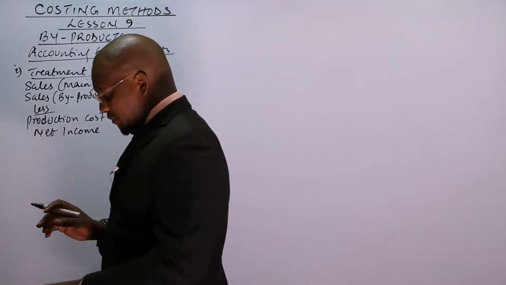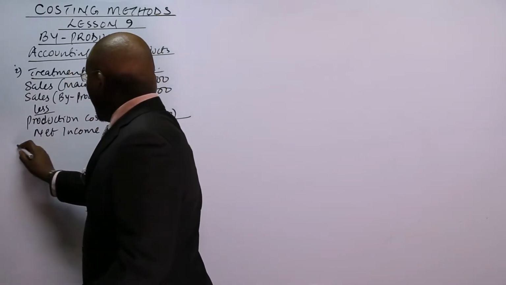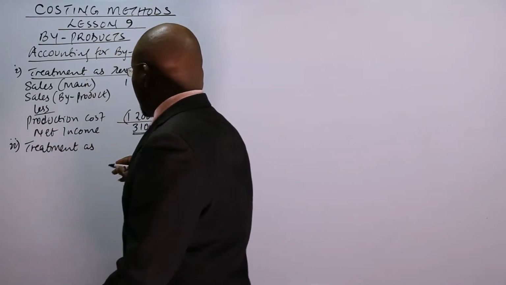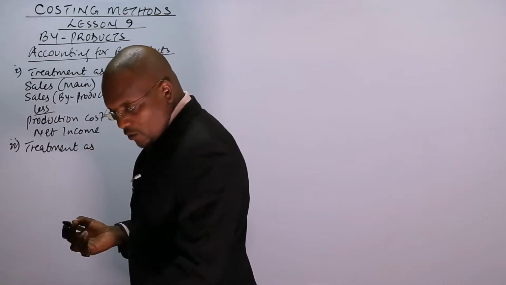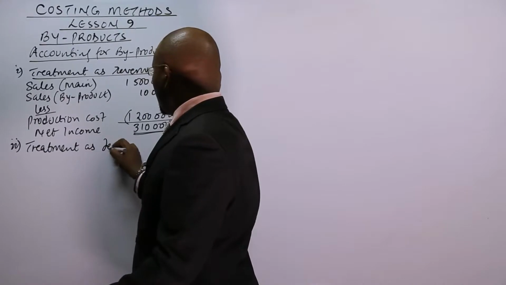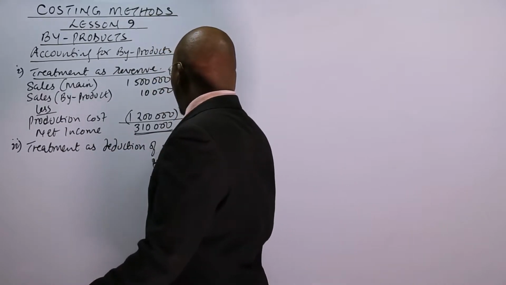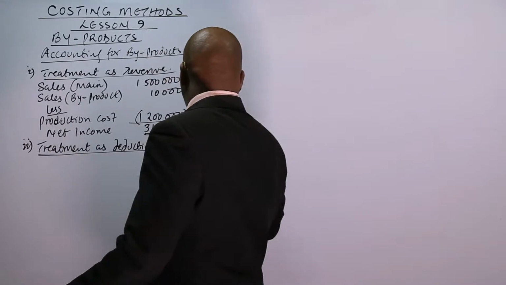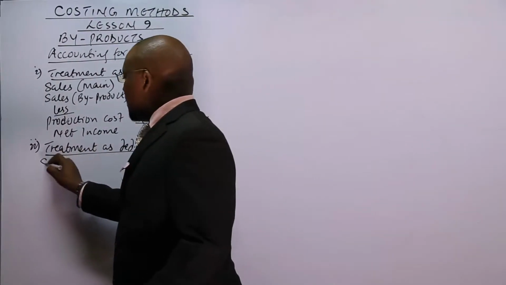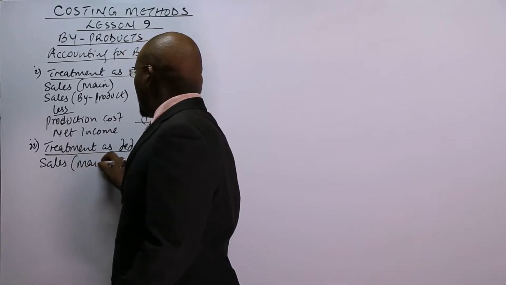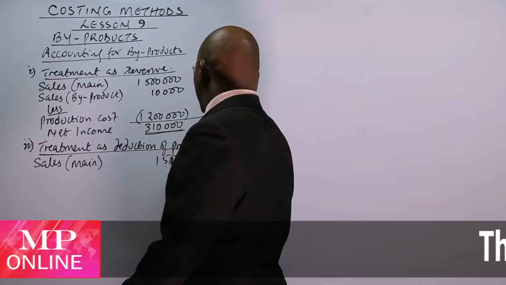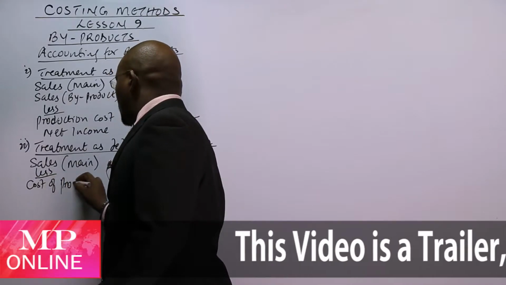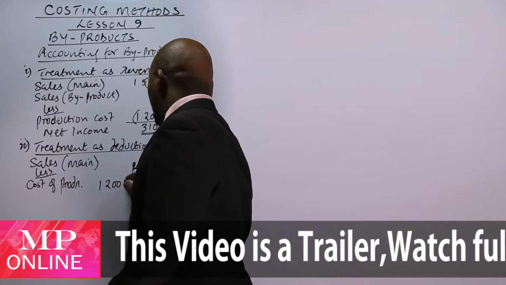The second treatment is Roman 2, treatment as a deduction of production cost. So you can have here sales of the main product of 1,500,000. Then we less the cost of production, which is 1,200,000.